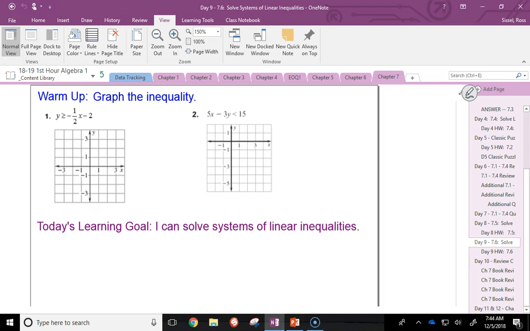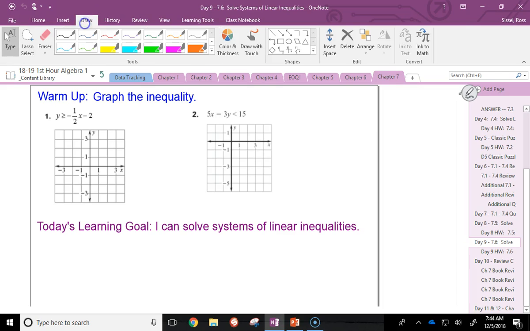For a second, just pretend that it's not a greater than sign, that it's just an equal sign. So we could go ahead and graph this. Our y-intercept is negative 2 with a slope of negative 1/2. You guys have done very well with graphing.